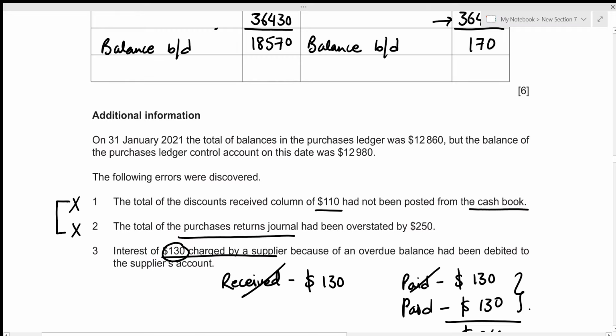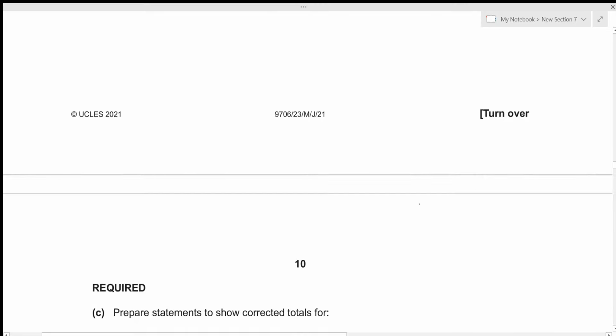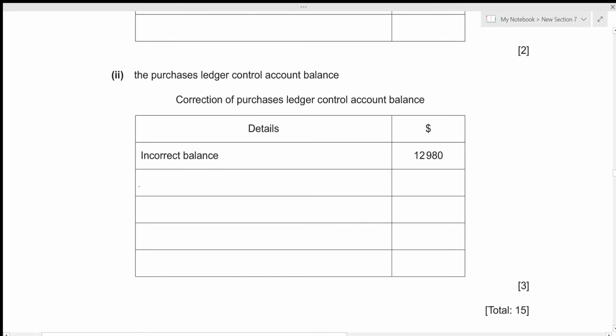So discount received is something that will always reduce the amount to be paid, right? So we just need to subtract this amount of 110 in order to figure out the correct total. Let's do that first. So we can just indicate less discount received. This had the amount of 110.